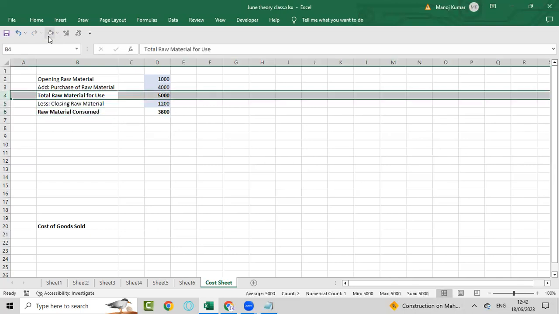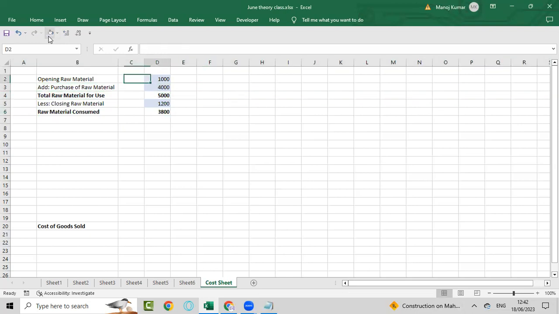This was the total raw material. We already had 1000 rupees of material. We purchased for 4,000 during the year. So total raw material was 5,000. Out of this, 1200 is still with us. So remaining is wasted? Not, it is consumed. Clear?